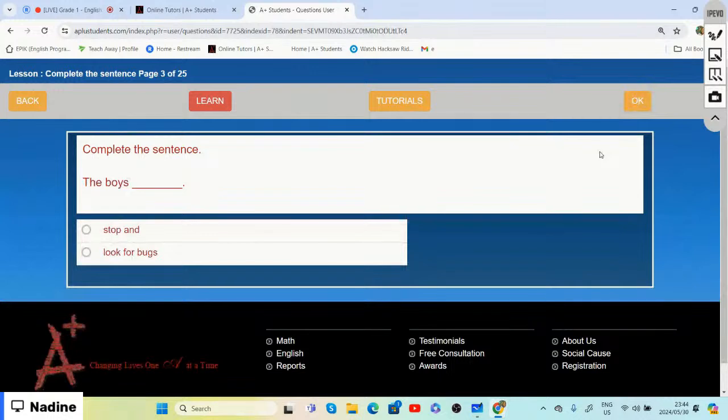We need to select an action part within that sentence to complete the sentence. The boys is given to us, which is our naming part that is given. So by boys, do we say the boys stop and look for the bugs, or do we just say the boys look for the bugs?